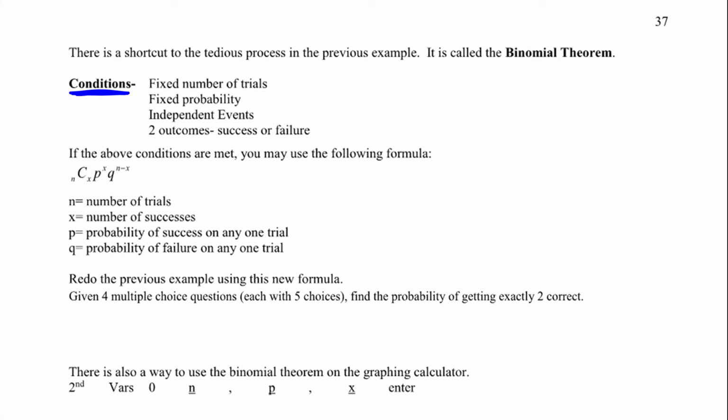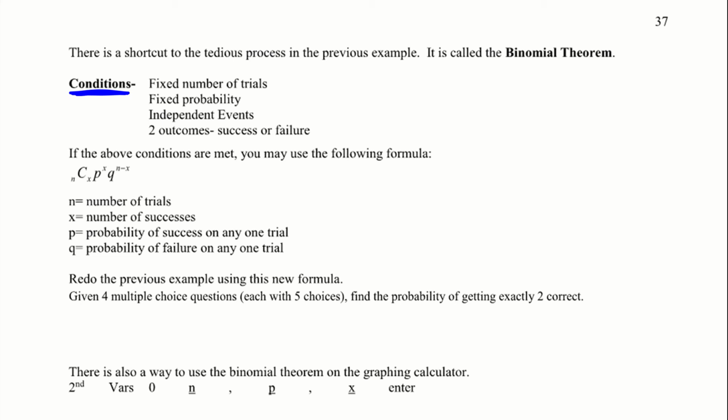The one thing that I would caution you about is there are 2 sets of 4 things on this handout. Don't write the wrong one. Right? So it's this one: fixed number of trials, fixed probability, independent events, 2 outcomes. This is just telling you what all the values in the binomial formula mean.